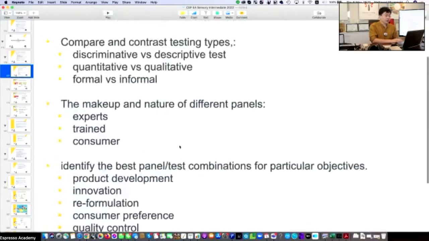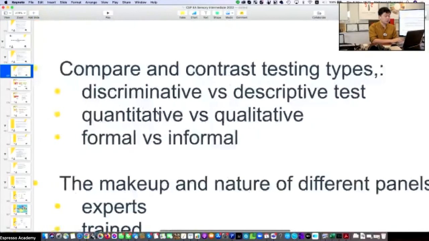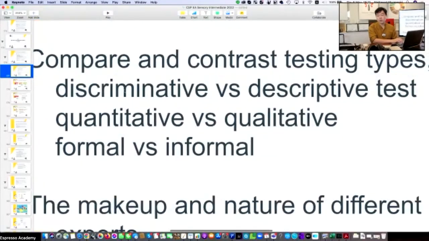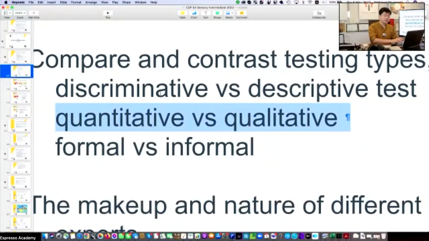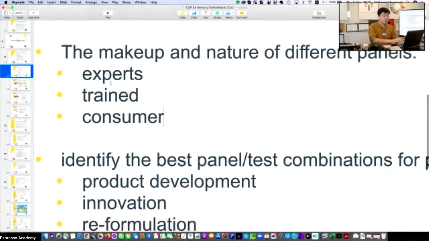If you want to train and start creating these tests to find your panel, there are formal and informal, quantitative and qualitative, all these different types of tests, which you will have to design depending on whether it's for your expert, a trained tester, or a consumer. You don't want to make it too complicated for the consumer, and you do not want to make it too easy for the expert.